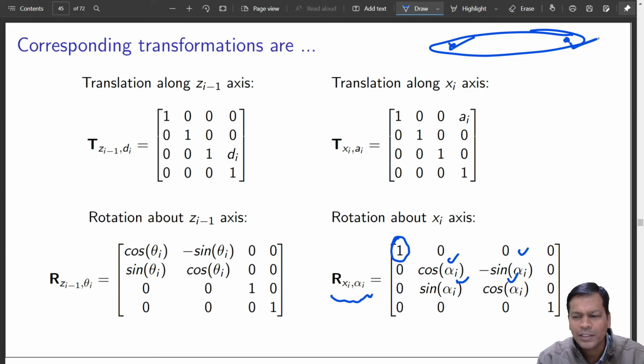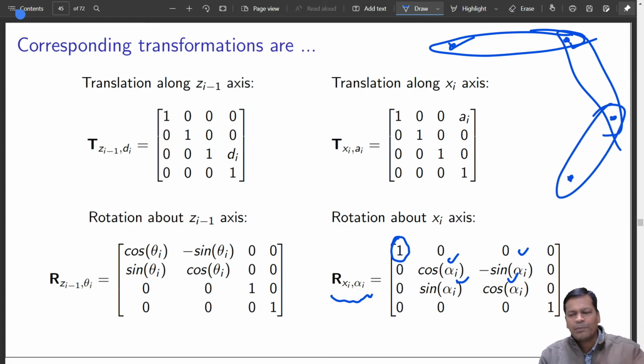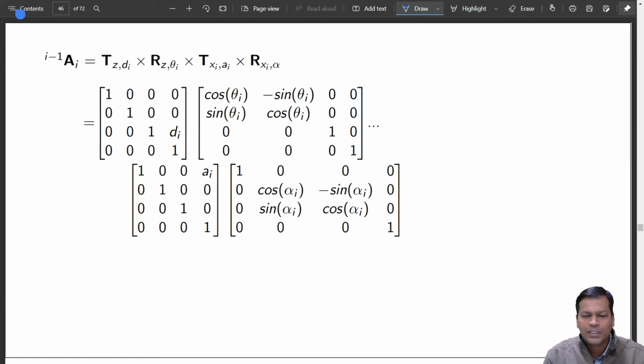First frame to the next frame, then you can keep moving from this frame to this frame, this frame to this frame, so you can keep on moving till you reach the end. So this is how you do forward kinematics. So this is your four transformations which were done first, second, third, fourth.